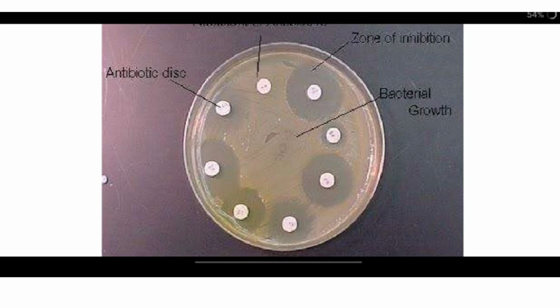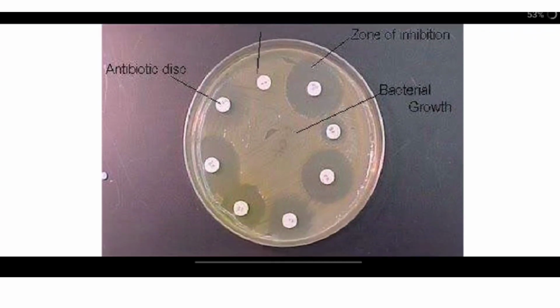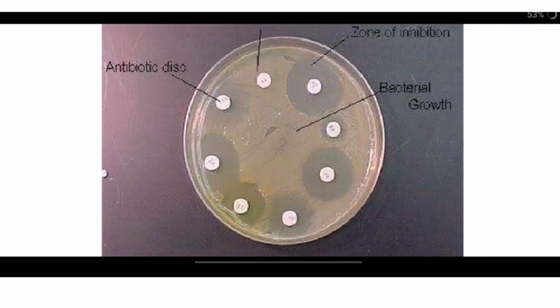This plate is Mueller-Hinton agar. As we all know, Mueller-Hinton agar is the best media for antibiotic sensitivity testing. We place the different antibiotics on the plate. See, we have many antibiotics here.